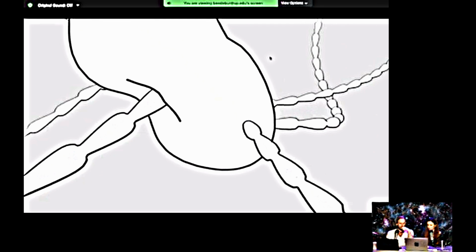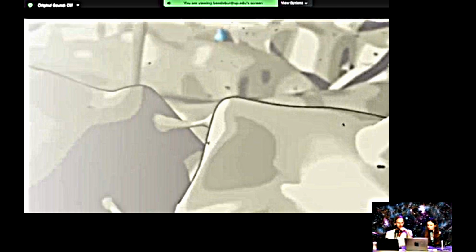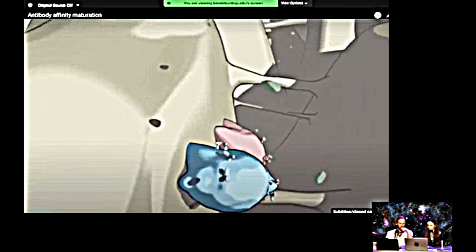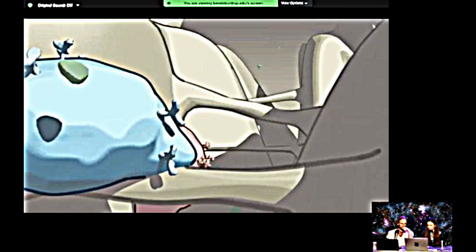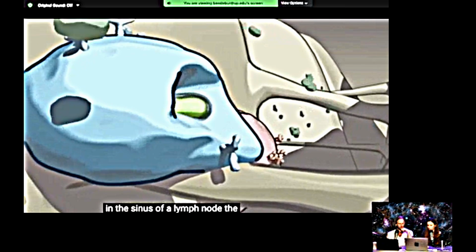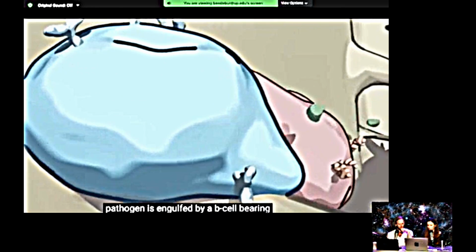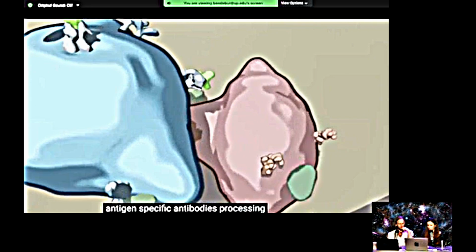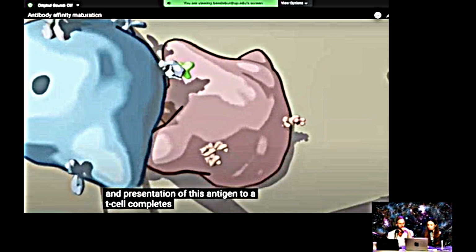So this is a lymph node. We're going down deep into it. So what you had here is a B cell that is inside of the lymph node. It's being washed with all of this stuff that's coming from the periphery, and it binds the pathogen.